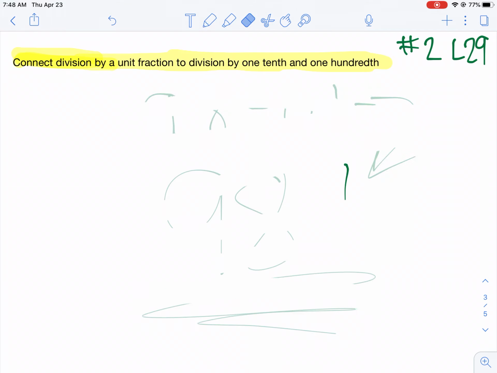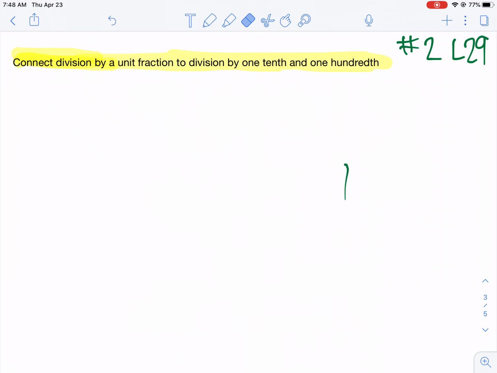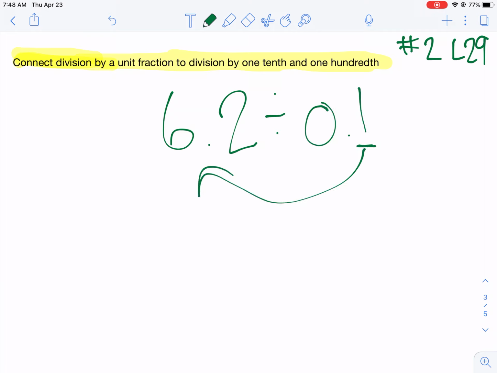Let's try another one. Let's do 6 2/10 divided by 1/10. How many tenths are there in 6 2/10? Everybody tell me. 62. You guys are on a roll.